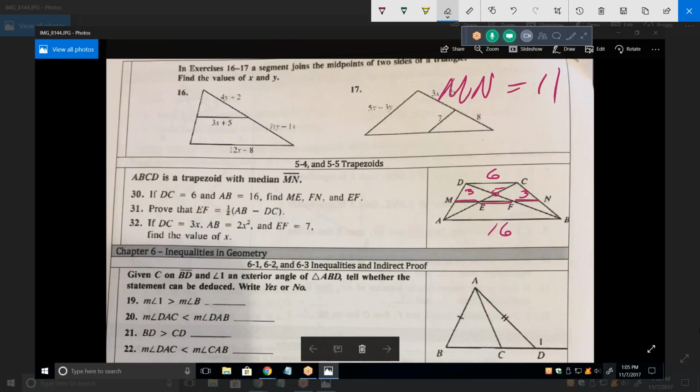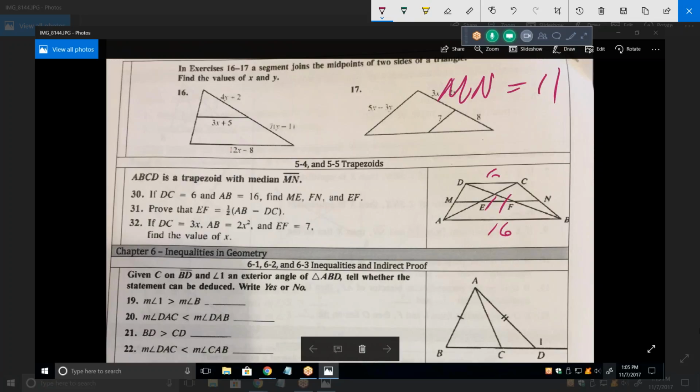I think you did it correctly, but let me think about this for a second. The only thing we know for sure is that MN is 11.